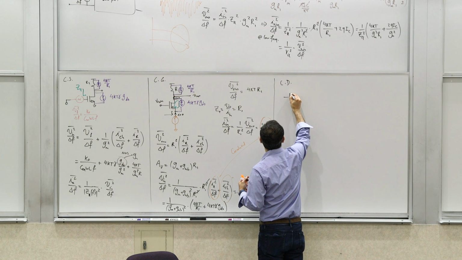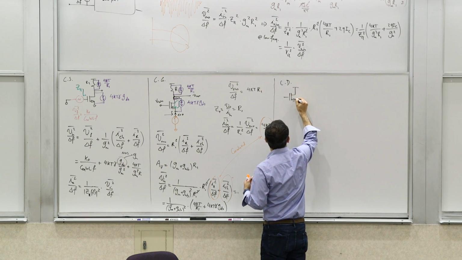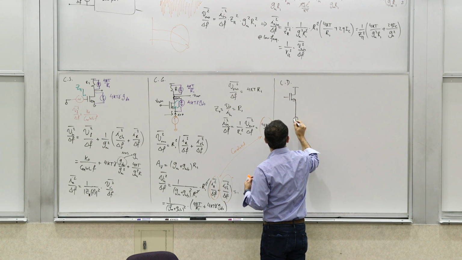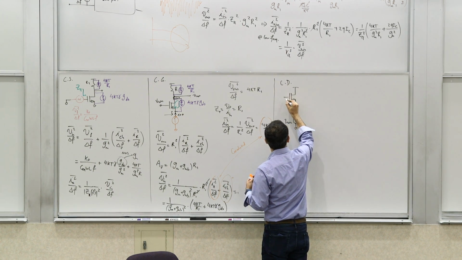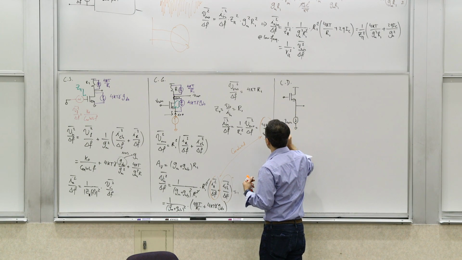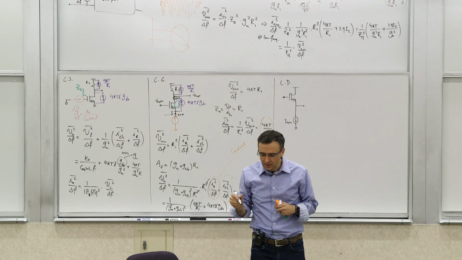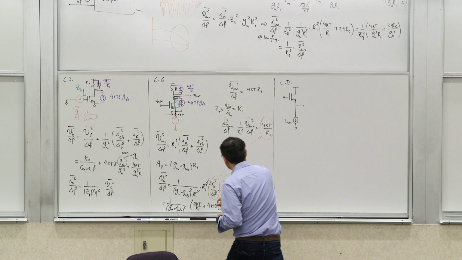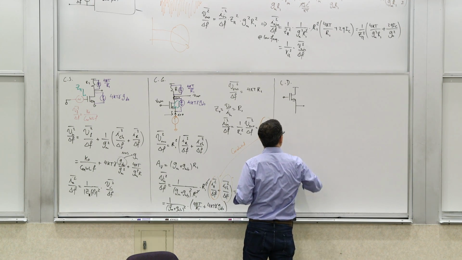So in a common drain, you have this stage, and then let's say you have some sort of a current source here. If that's all you have, then let's actually make the current source also a transistor.